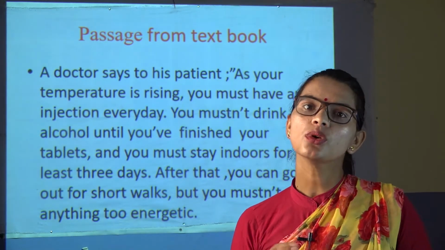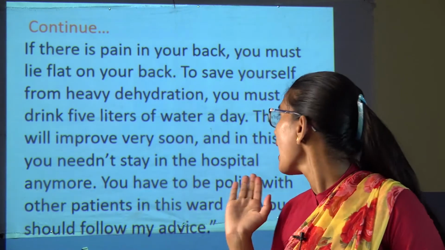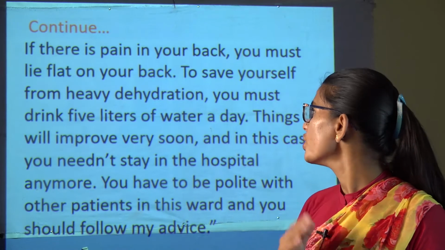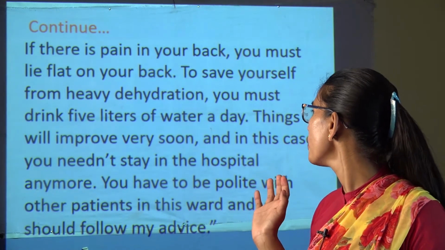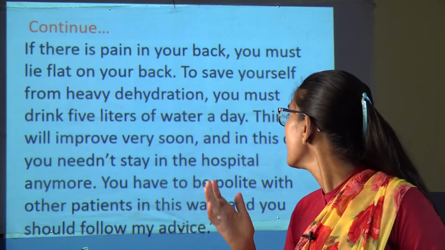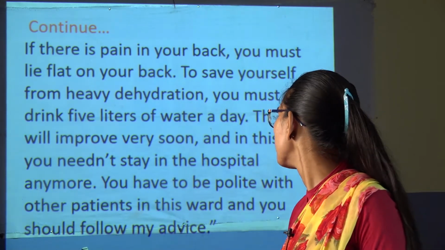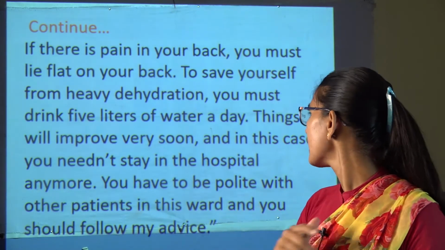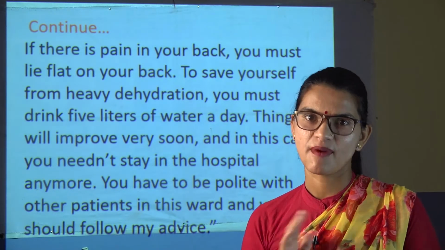Likewise, if there is pain in your back, you must lie flat on your back. To save yourself from heavy dehydration, you must drink 5 liters of water a day. Things will improve very soon, and in this case, you need not stay in the hospital anymore. You have to be polite with other patients in this ward, and you should follow my advice.